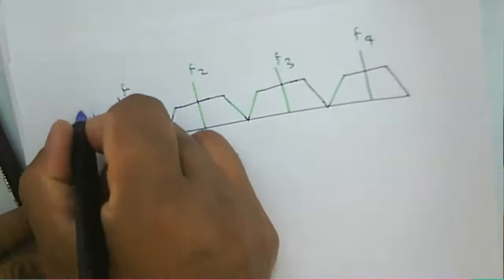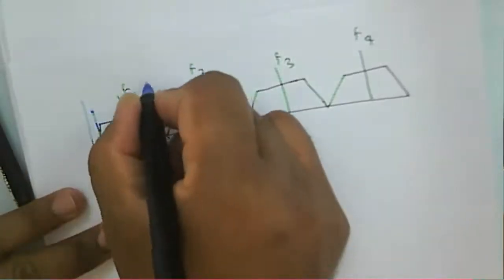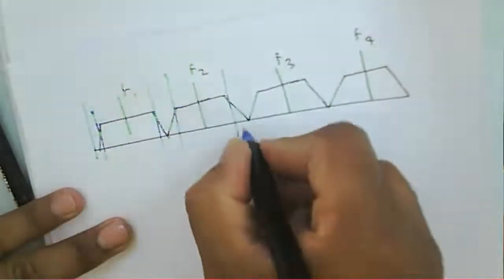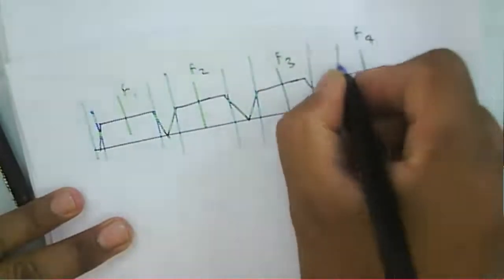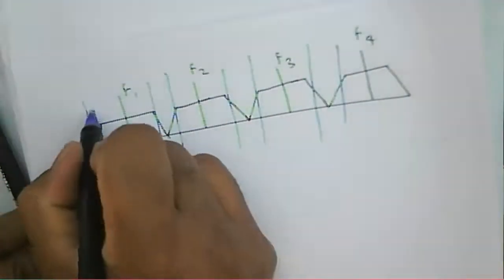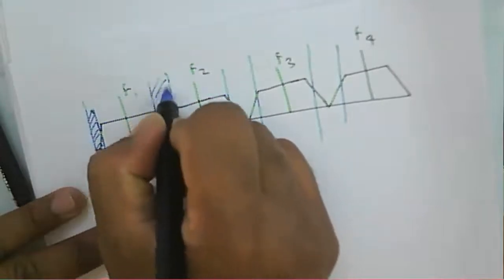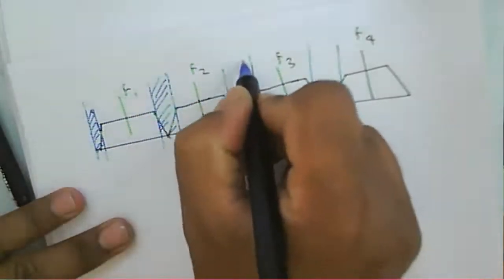Each and every band is separated by some particular guard band. This is nothing but what we call a guard band.